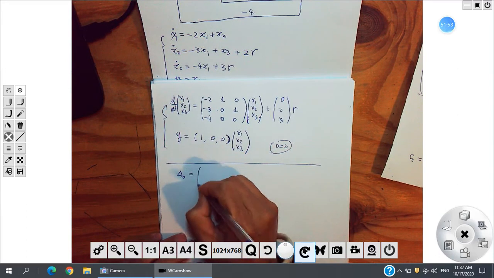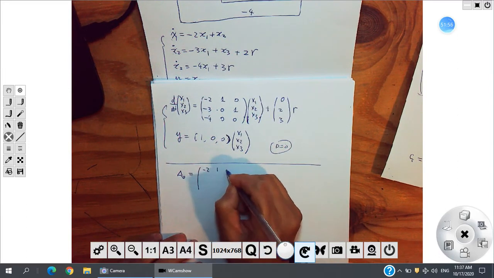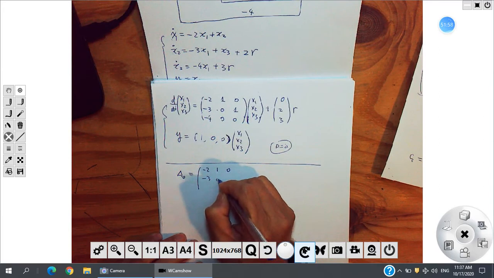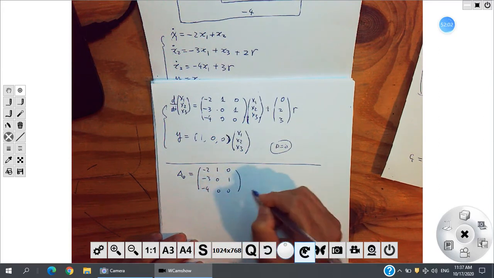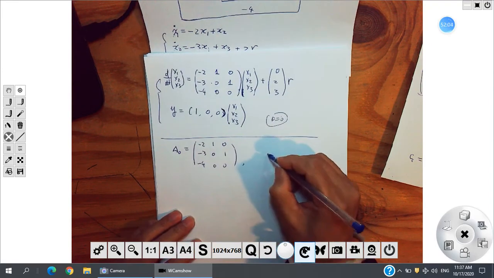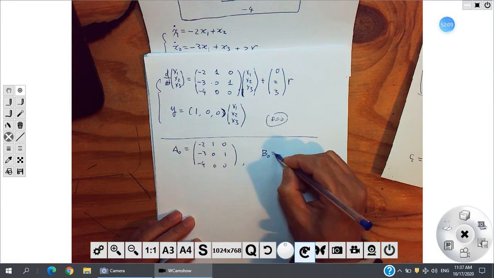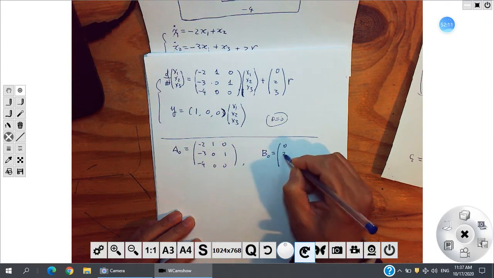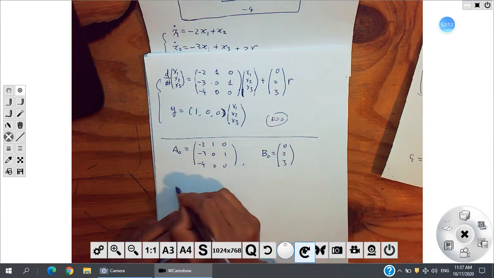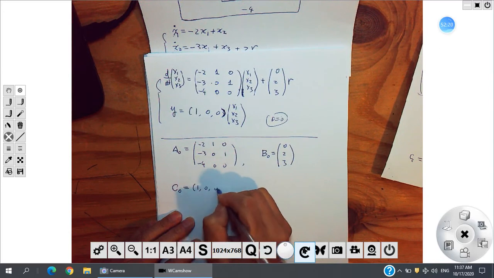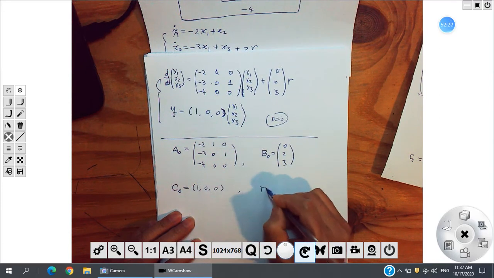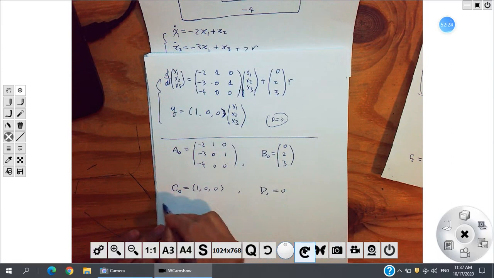AO is -2, 1, 0, -3, 0, 1, -4, 0, 0, and B observable canonical form is 0, 2, 3, and C observable canonic form is 1, 0, 0, and here's D, still 0. Alright, we have this.